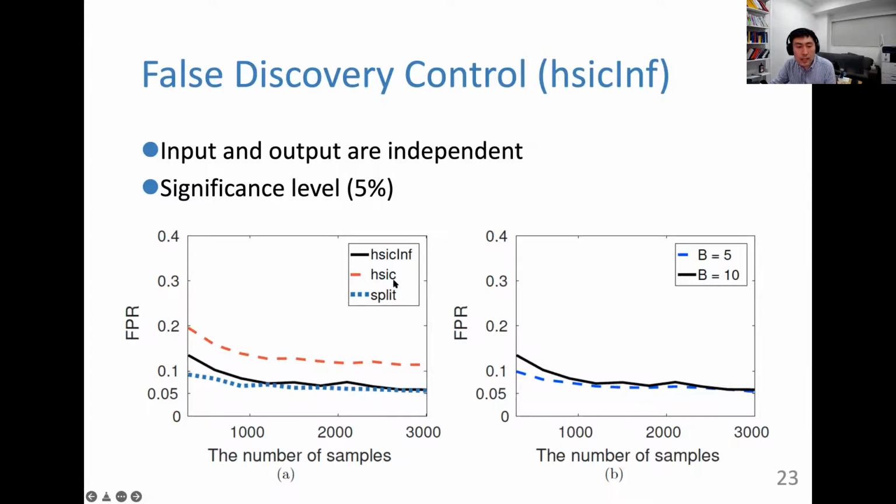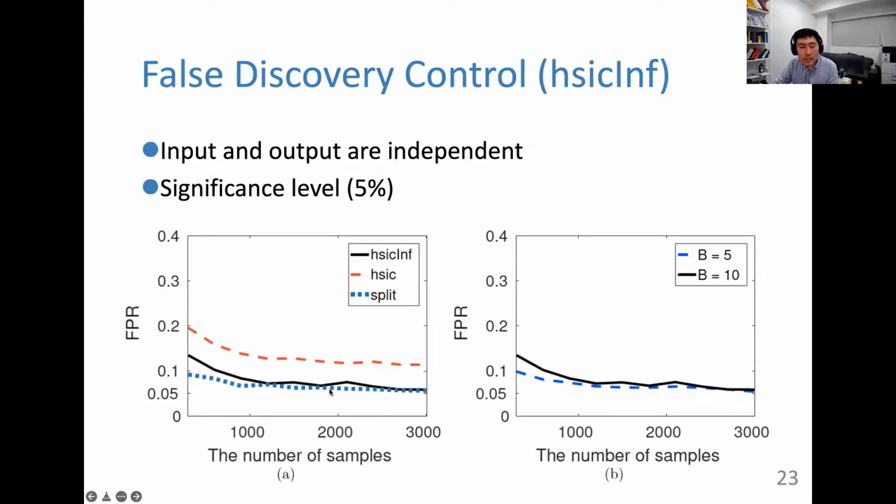Again, this HSIC method first selects features based on one data set and uses the same data set to do the inference. So in this case, we cannot control the false positive rate, and therefore we can discover more non-important features. An important point here is that because this is a non-parametric approach, if the number of samples is small, it's a bit hard to control.